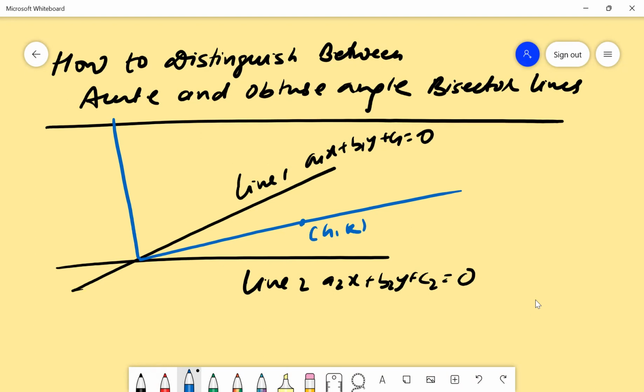Take a point h comma k on a bisector. I'm not going to discuss how we obtain the locus of h comma k. Everybody knows that PM equals PN; these perpendicular distances are the same.